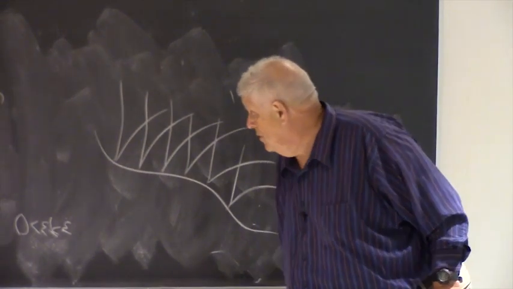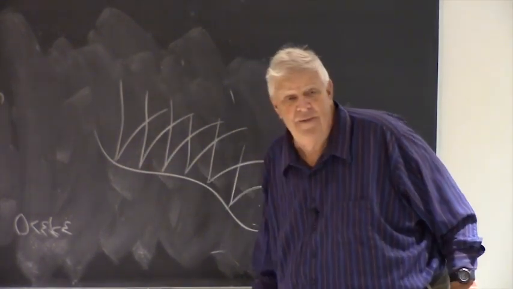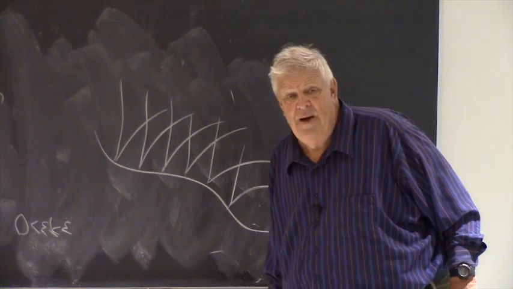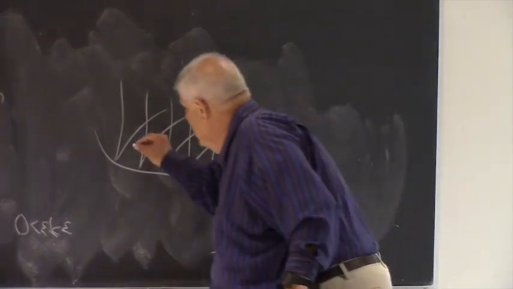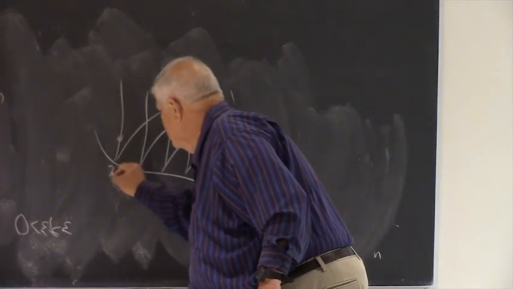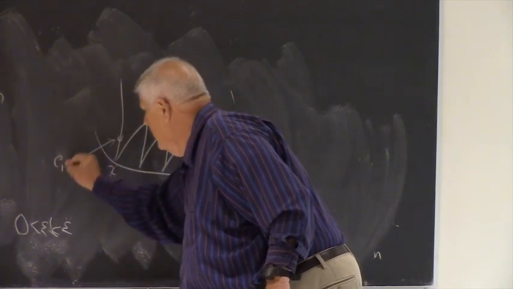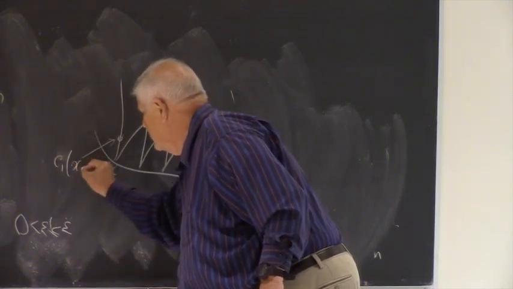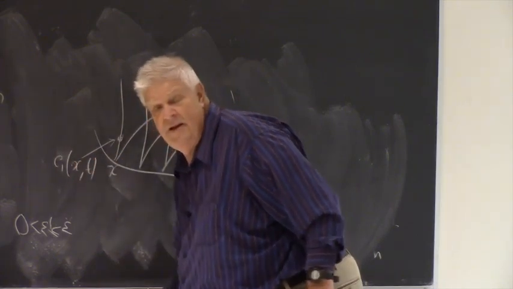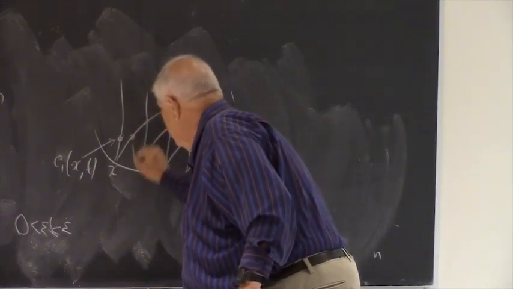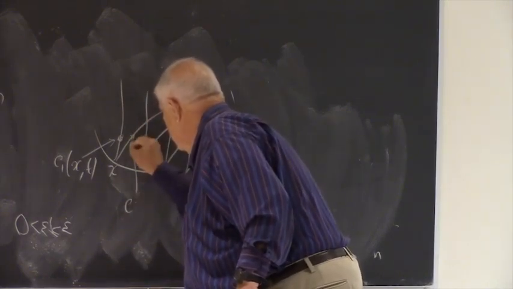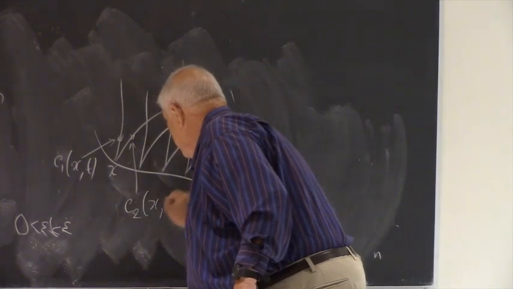Now, what I want to do, I will show it here. So this is x, this point is C1 of x sum t, this is C2 of x sum t.